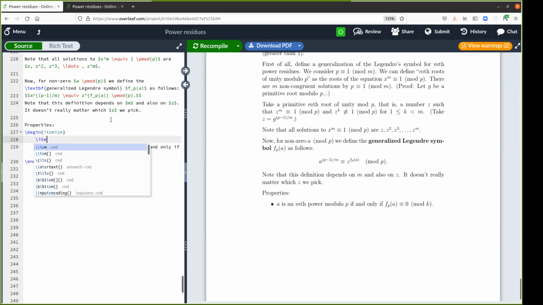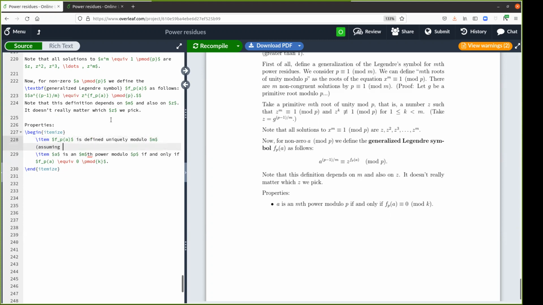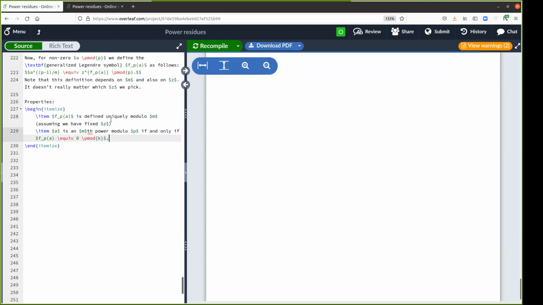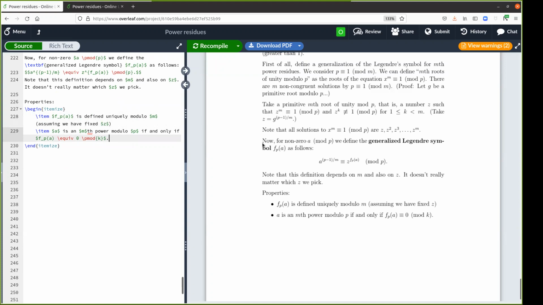So first note that the exponent is uniquely defined modulo m, assuming we have fixed the primitive mth root of unity z.